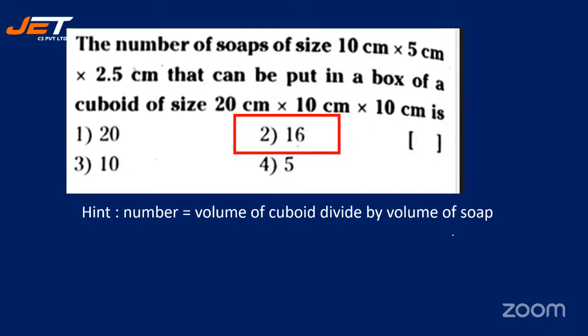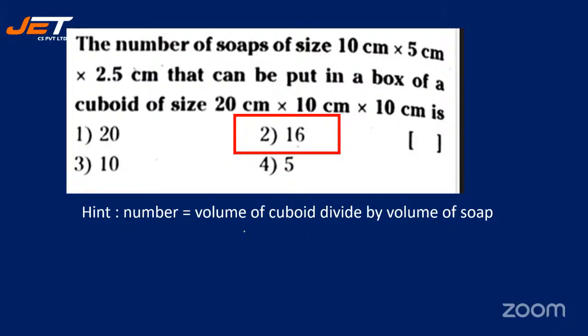So let me quickly check it. Divided by... yes, all right, so we are getting it.